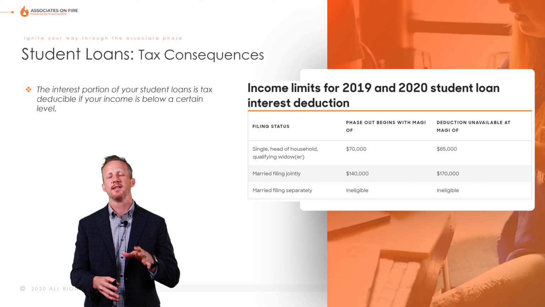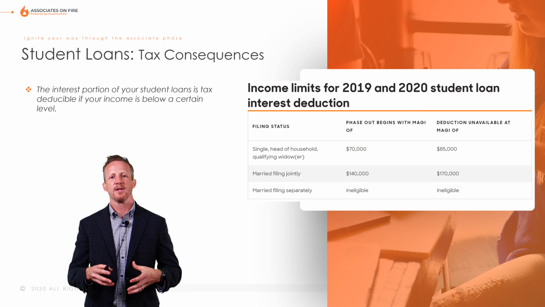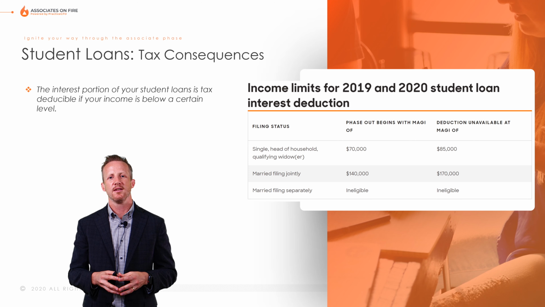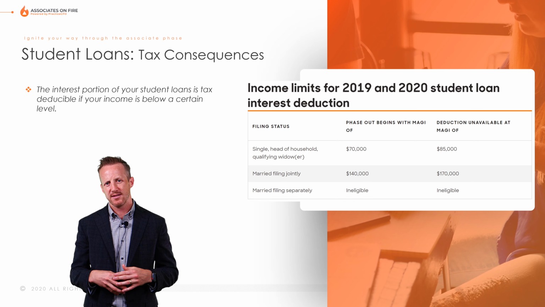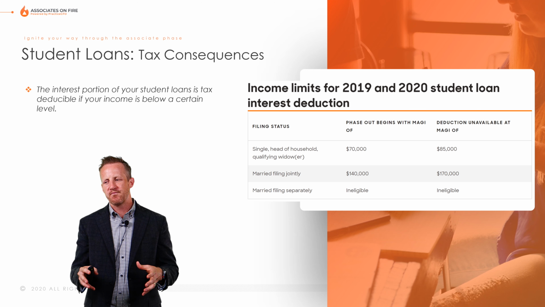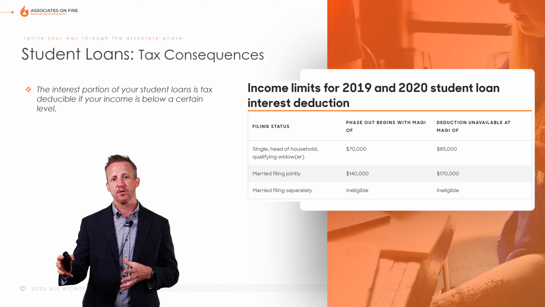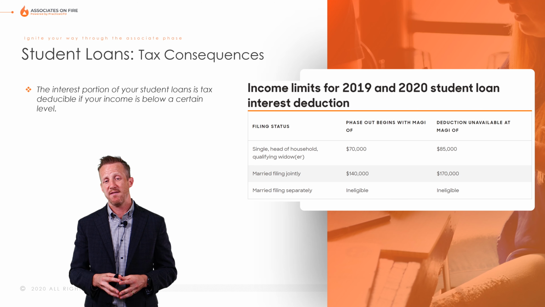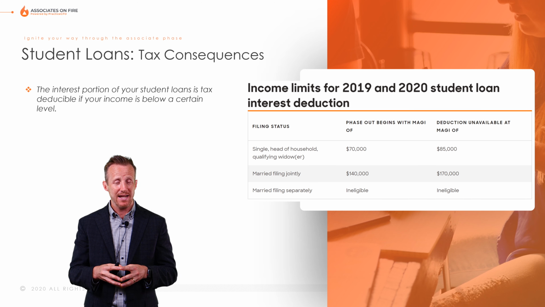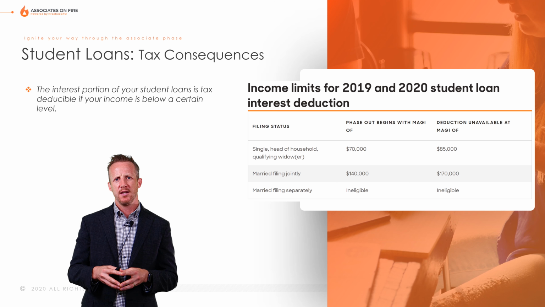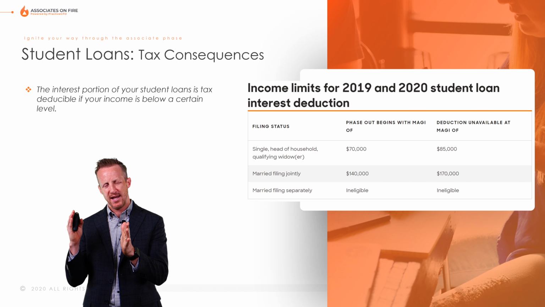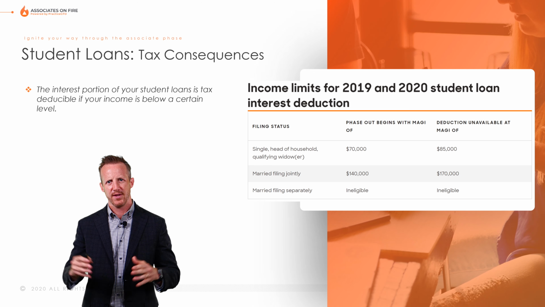However, you did not go to dental school and suffer all of those long hours and arduous experiences in the classroom and doing the dentistry so that you can earn less than $70,000. I don't mean to belittle anybody who makes less than $70,000, but not many people go through all those arduous years of dental school or have hundreds and hundreds of thousands of dollars of student debt. So that's why I say for most dentists, you're not going to get a tax deduction for the interest portion of your student loan. At $70,000, it starts to phase out, and at $85,000 of income, you get zero.